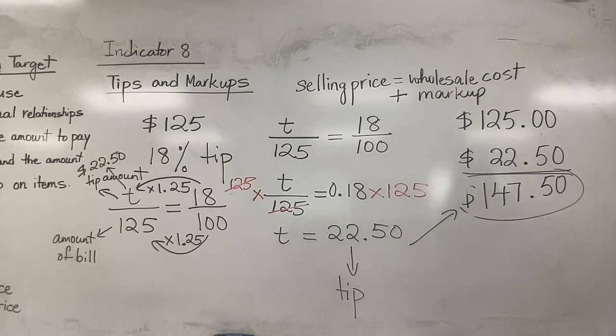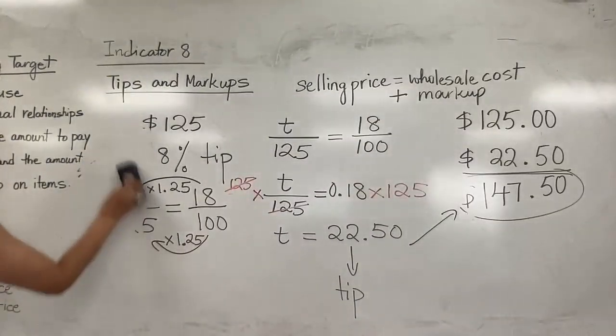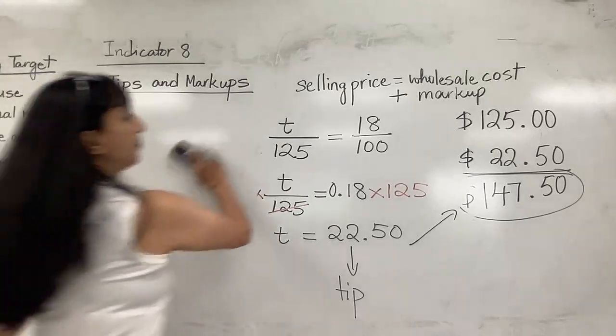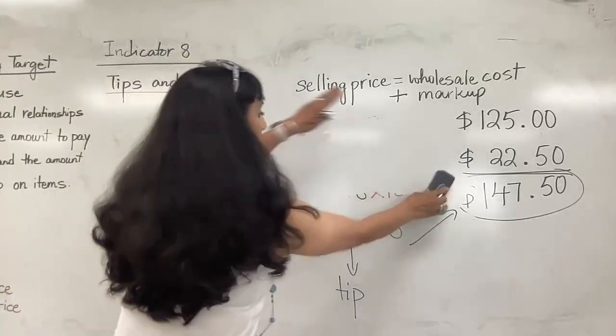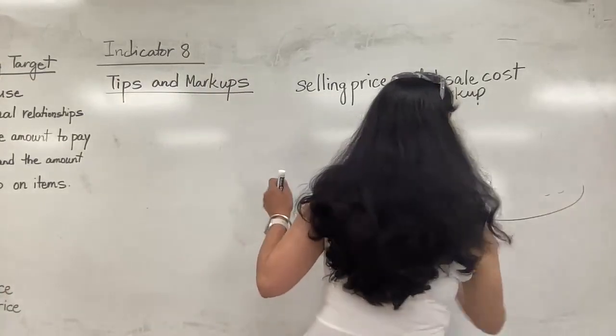All right, so let's work out a problem. We are now doing markups in this case. I'm going to leave that over there so you can see what the selling price is, that means how much the customer is paying for that item.